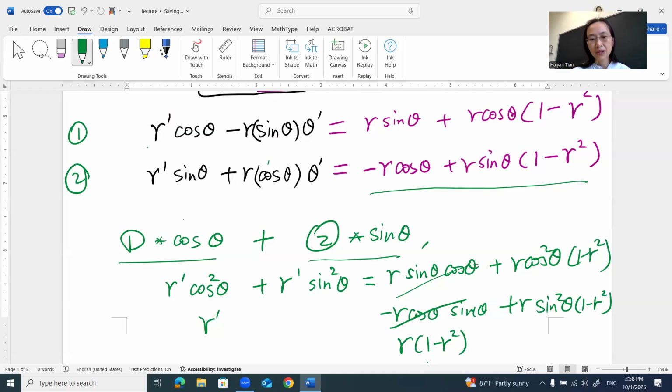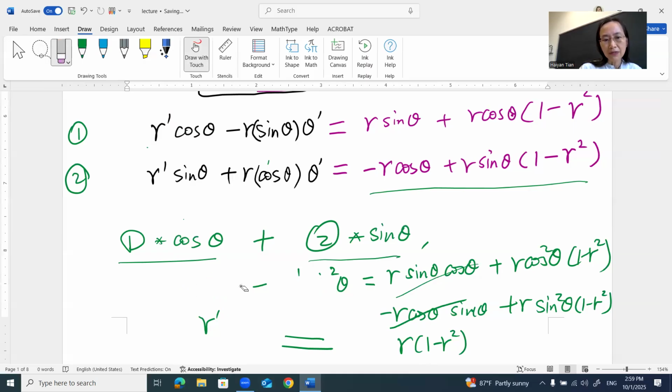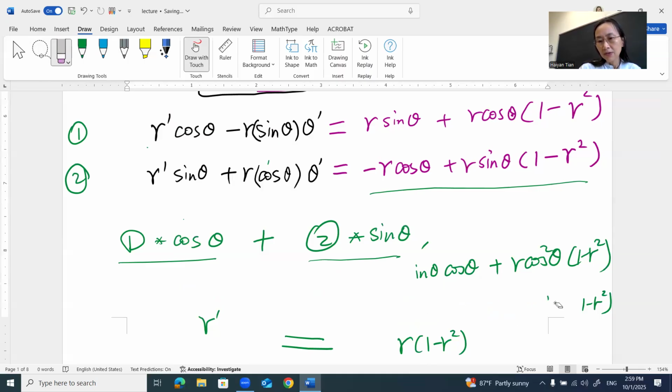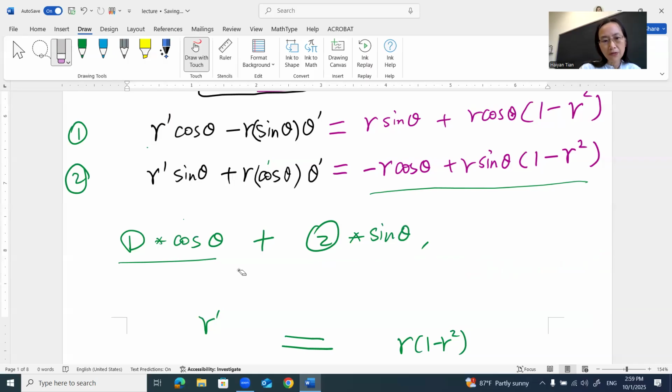The left-hand side is simply r derivative. So by doing this operation, we can arrive at a very clean form. That is, r derivative is on one side. The right-hand side happens to be depending on r only. So we get this reduced form. So here is our first equation after we do this operation.